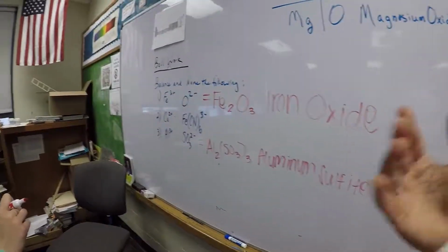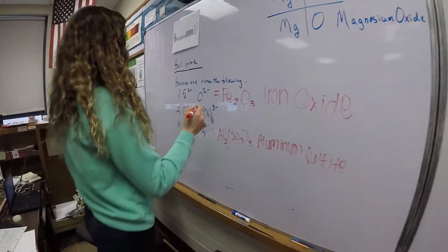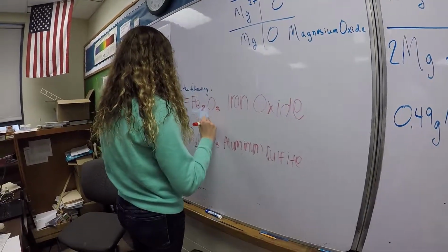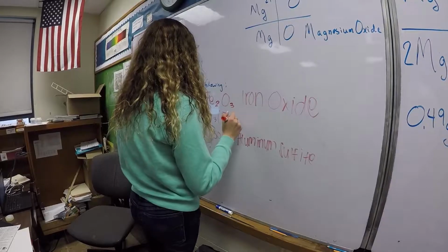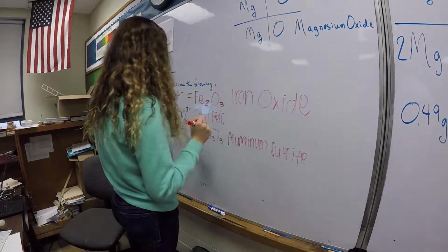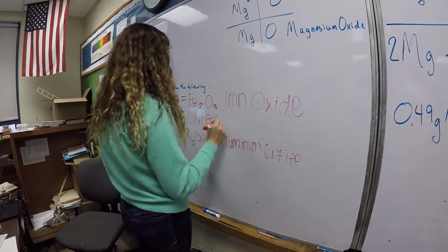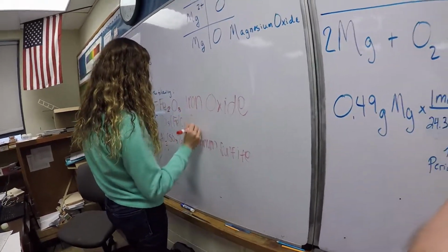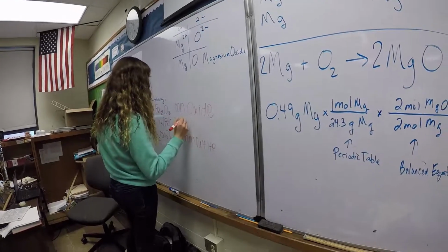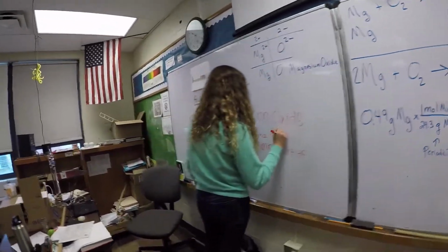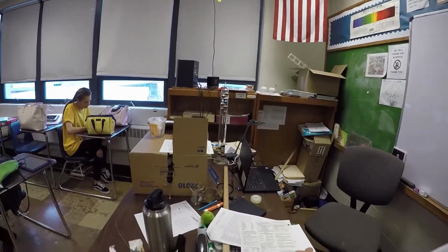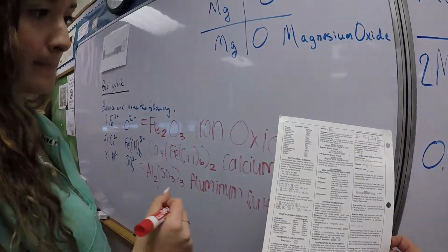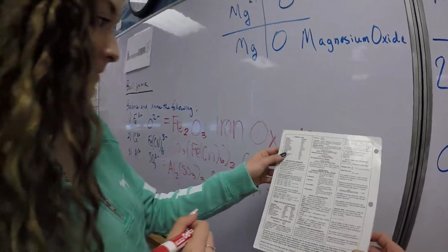It's going to be Ca3(Fe(CN)6)2. So just because it's in parentheses, you have to do the double parenthesis. It's one of the triple difficult ones. And then it would be, correction, calcium ferrocyanide.